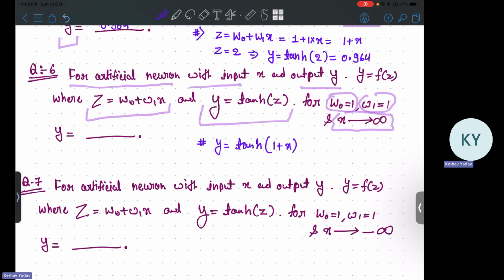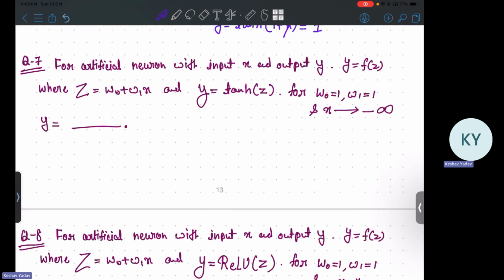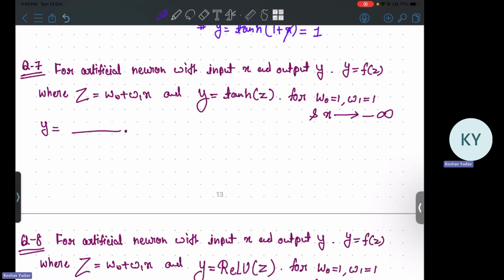If I put x to infinity, that will be tan hyperbolic of infinity, which is nothing but 1. It tends to 1 when x is infinite.